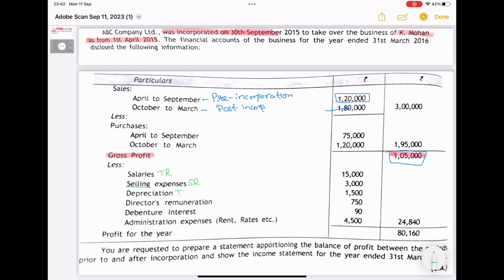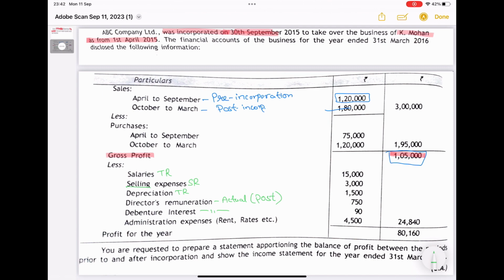So it is a simple concept: actual, fully related to the post-incorporation period. Next, debenture interest is also the same, related to post, actual post. Administration expenses, within brackets they have mentioned rent. So time ratio, as rent also we pay on a monthly basis.